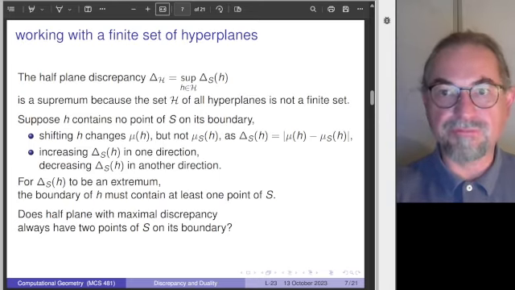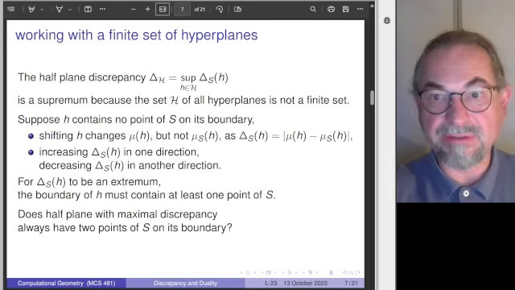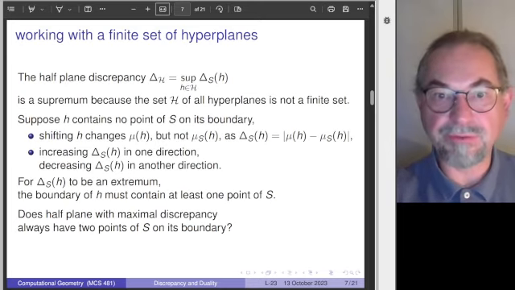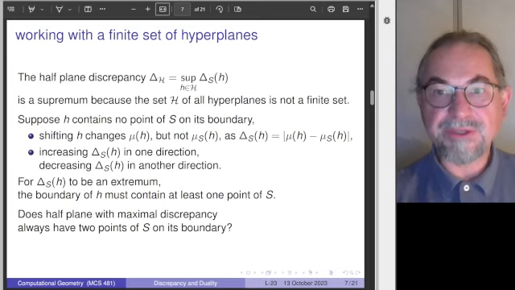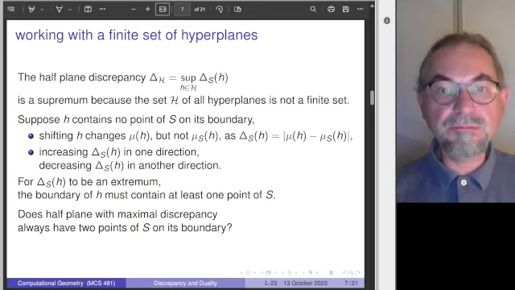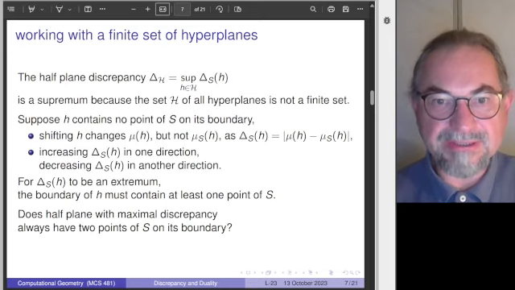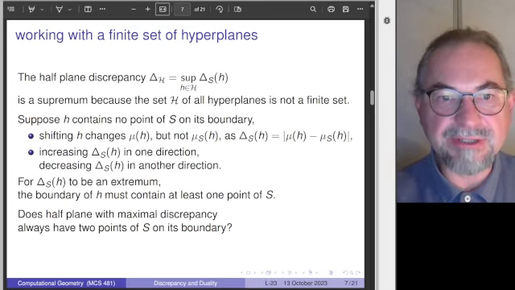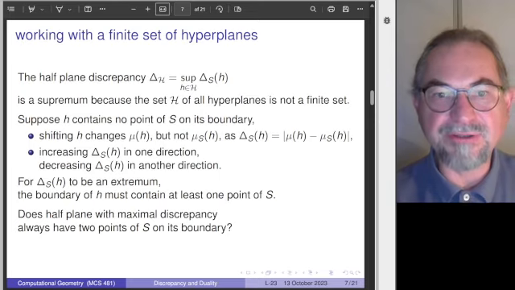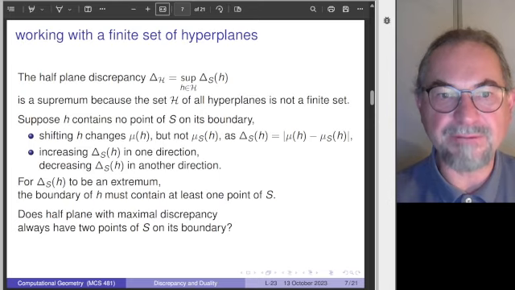So if we want to maximize this half-plane discrepancy, it's a supremum, so it's not a finite set. There's no maximum. If we are doing this, then the main point is that there should be at least one point on the boundary of this half plane.